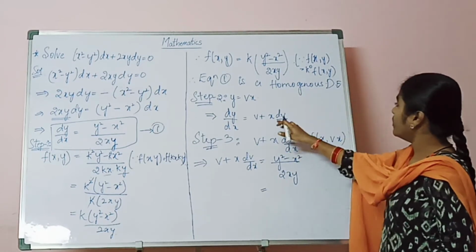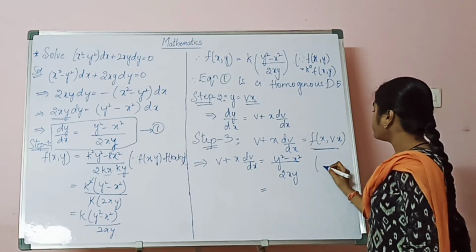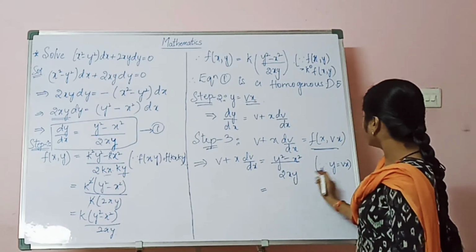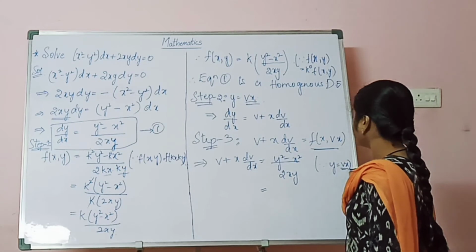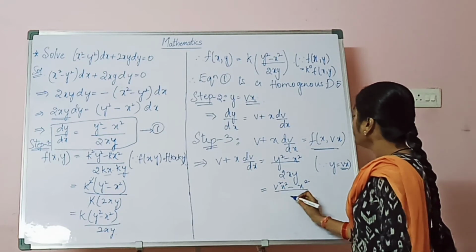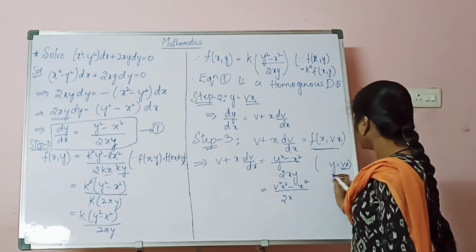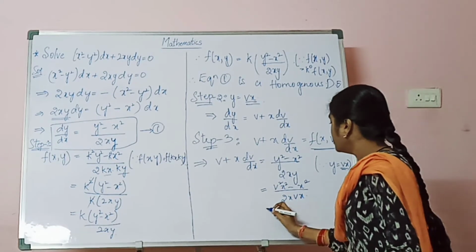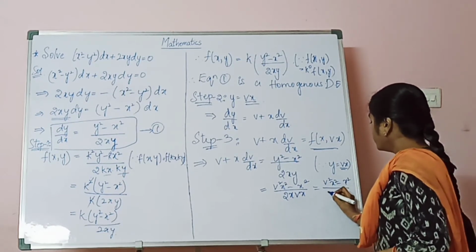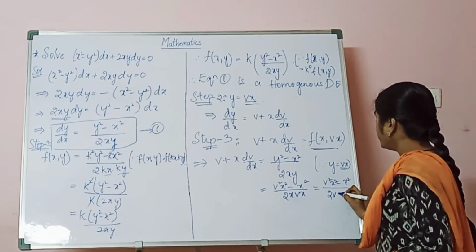Equals, so what we have to do? In the place of y, what we have to substitute? vx, since y equals vx. So in the place of y, vx: v square x square minus x square by 2 into x, and in the place of y again vx, into vx, equals v square x square minus x square by x into x, 2v into x square.